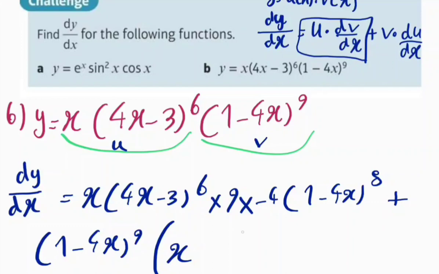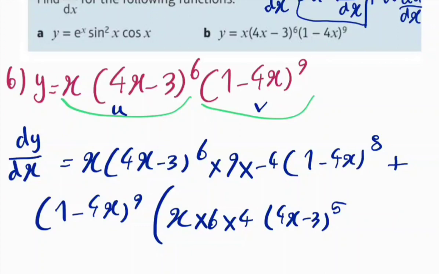That differentiates to 6 comes down, then 4 is the derivative of the inside, times 4x minus 3 to the power of 5. And then we differentiate x, and that multiplies 4x minus 3 to the power of 6. x differentiates to 1, which is very good here because that's very simple. So 4x minus 3 to the power of 6.